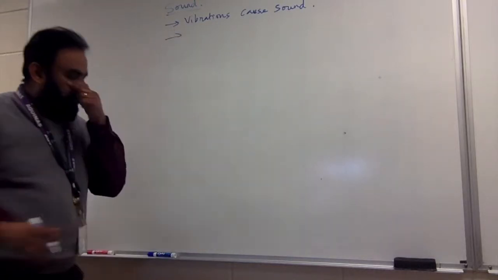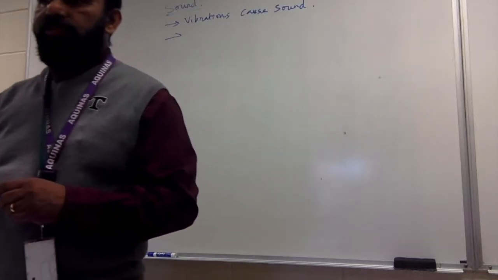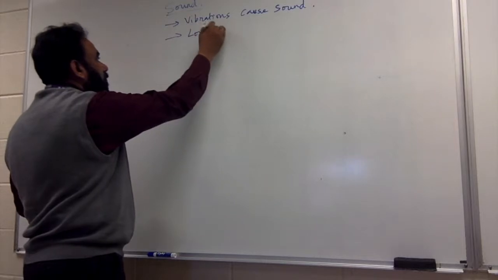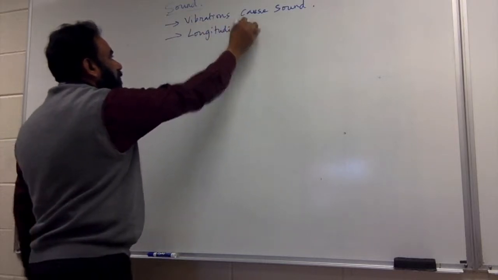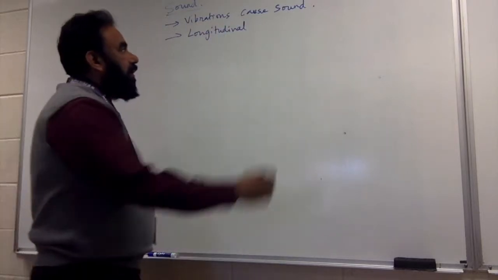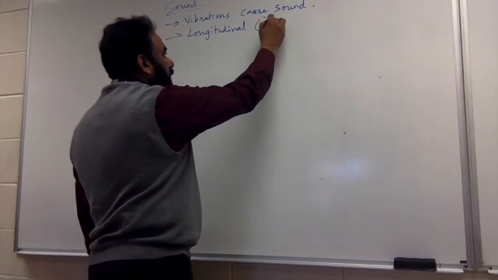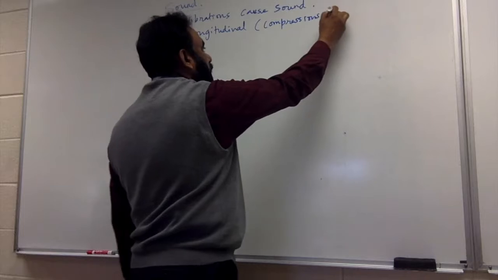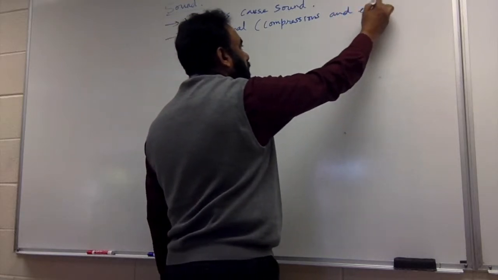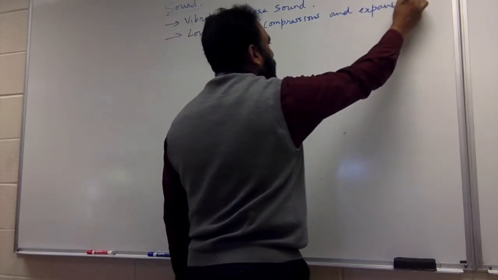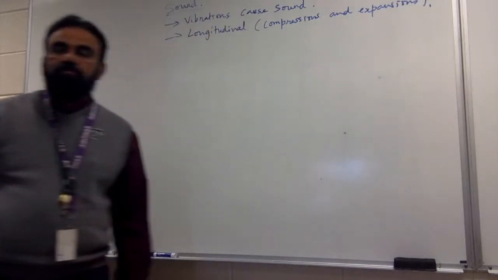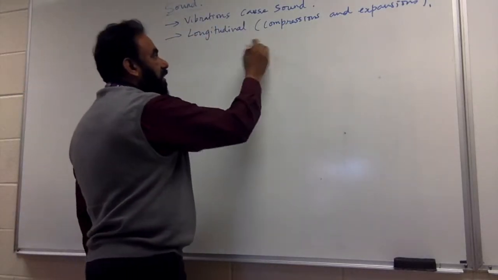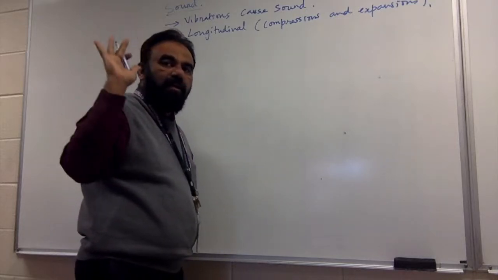What kind of wave is a sound wave? Transverse or longitudinal? Longitudinal. And by saying it's longitudinal, it's made up of compressions and expansions. The waves are going to be created like this. Particles of air are getting pushed.